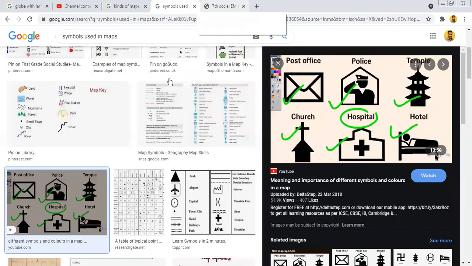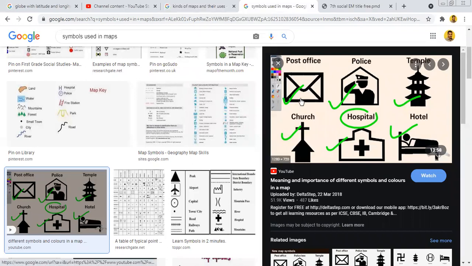If you want to show a post office, we show like this. If you observe this symbol on the map, it means there is a post office. Next, to show church, hospital, police, temple, hotel.